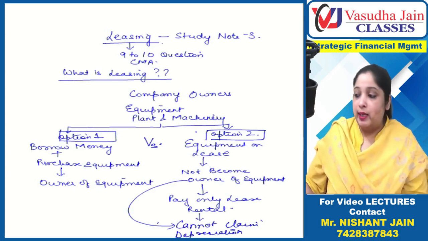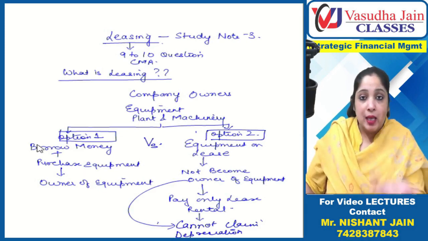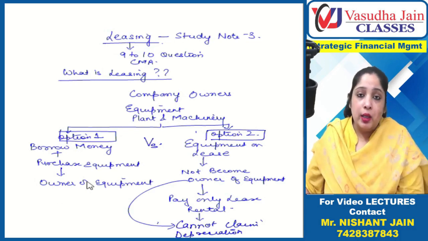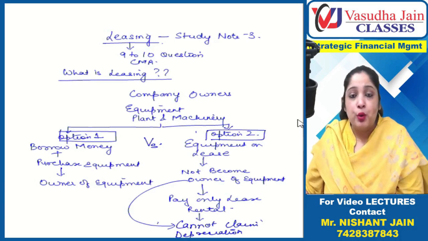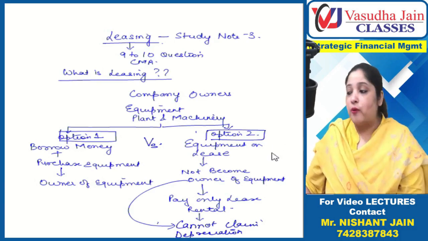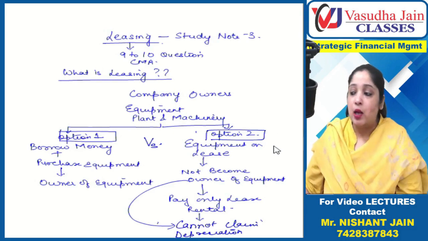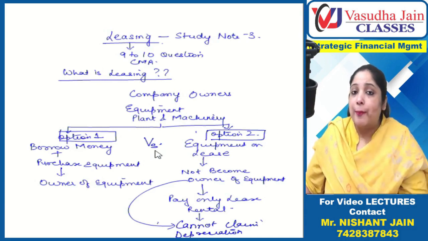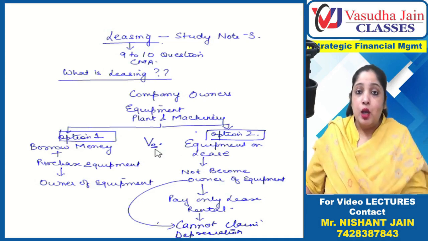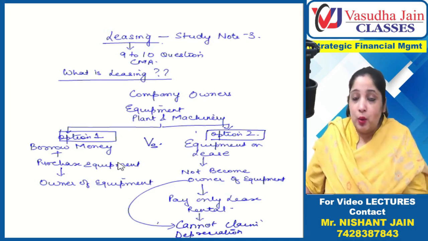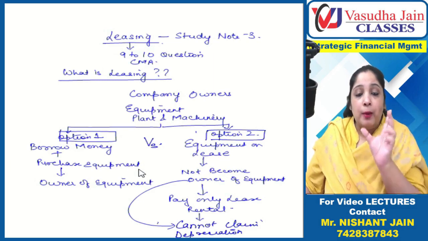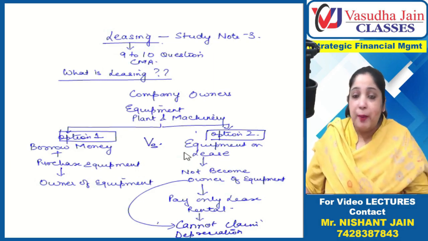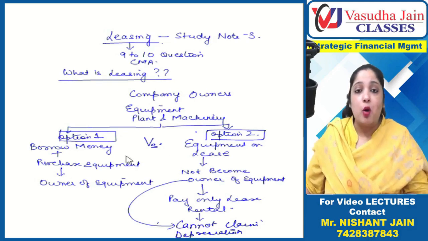It may be possible that under option 1, some inflows or outflows happen in the second, third, fourth year, and similarly in option 2, some happen in the third, fourth, fifth, sixth year. So we cannot compare both the options because inflows and outflows are happening at different points of time. So best you can do is calculate the present value of all inflows and outflows, so that when you compare both the options, present value is already computed.